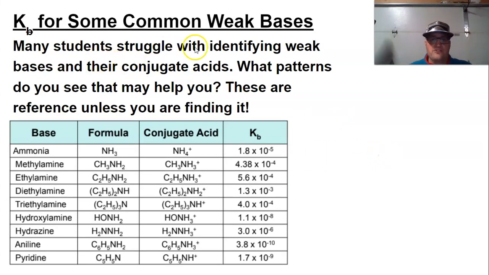So a lot of students struggle to identify weak bases and their conjugate acids. With the weak base, you might notice a pattern. If you're looking at these, you might notice there's nitrogen involved, along with some other hydrogens that may be gained or lost.